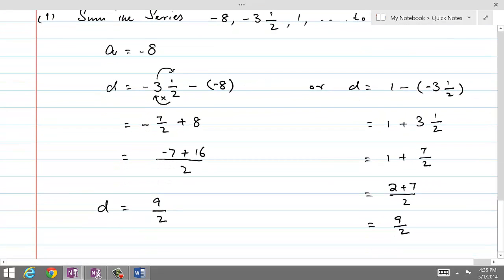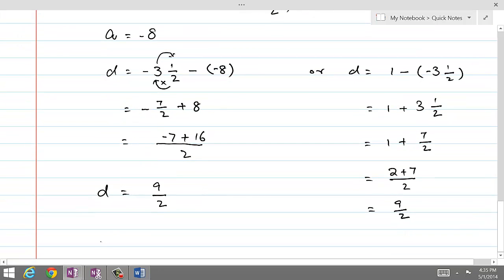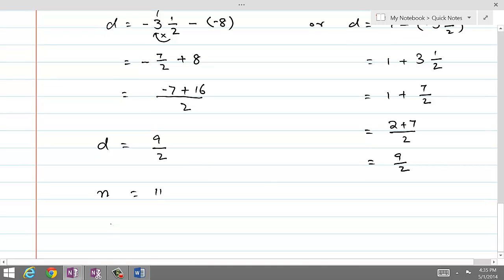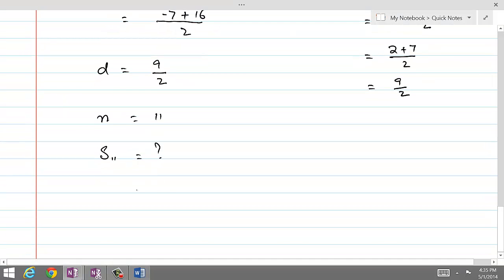We got the first term, we got the difference d, and we also have n. N is 11, because we only want to find the sum of 11 terms, and now what we want is S11, the sum of 11 terms, using the formula Sn equal to n/2 into 2a plus n minus 1 into d.